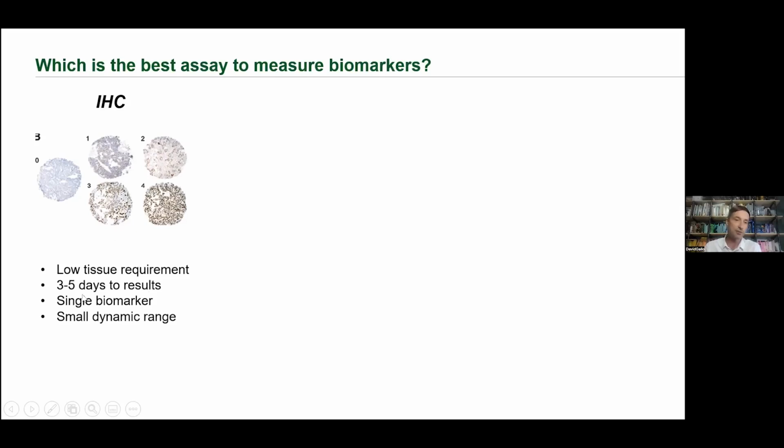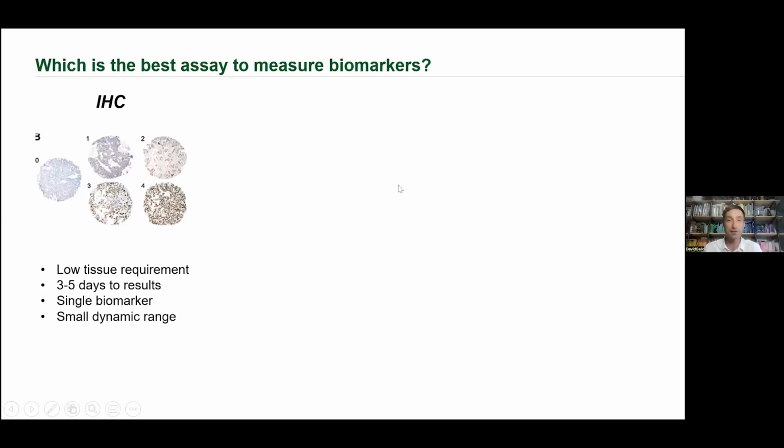Advantages to this are a low tissue requirement and 3 to 5 days to get a result. However, you can only get a single biomarker out of an IHC, and it has a relatively small dynamic range. You can see here, these would be graded from 0 to 4, and scored on this scale. This is great for when you're looking at protein amplification, but if you already have a low level of expression and you're looking for something that's going down, this can be a bit challenging due to the small dynamic range.